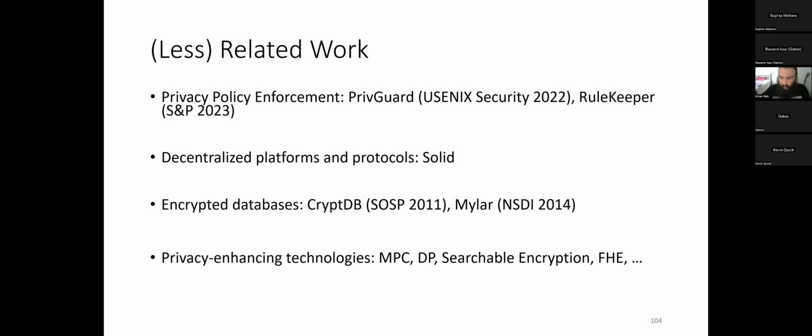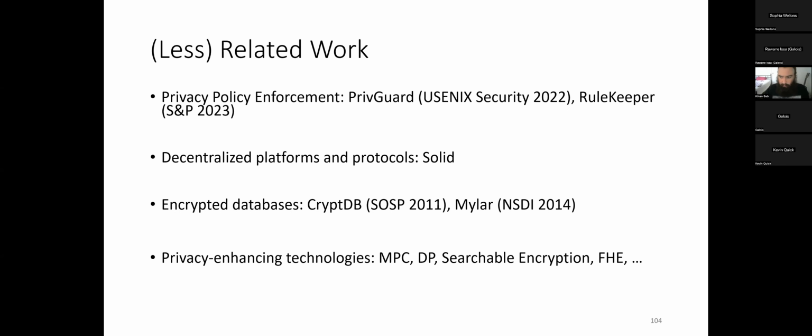Things like making sure that the computations are in line with the consent that the users give. These include systems like PrivGuard and RuleKeeper. They're very interesting, and I think this is an important aspect for overall compliance with GDPR and other laws. But they're orthogonal to our work. These are not storage systems. These are systems for data processing that include some sort of static analysis or dynamic policy check component to it.